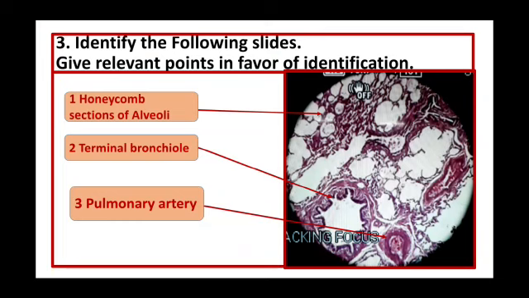So in this terminal bronchiole, the hyaline cartilage is absent. Mainly you are going to find it is encircled by the smooth muscles, and the lining epithelium may be columnar or cuboidal epithelium, and a section of pulmonary artery is seen.